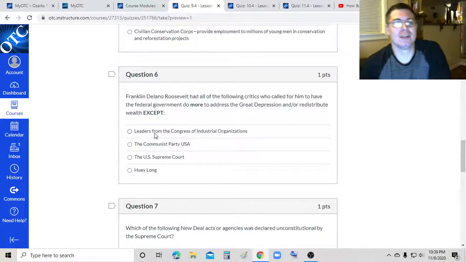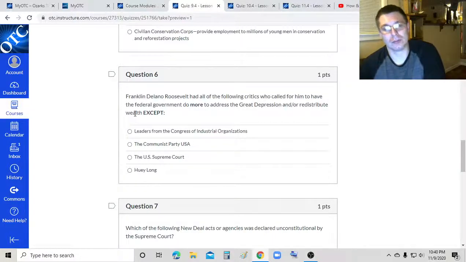Question 6. Franklin Delano Roosevelt had all of the following critics who called for him to have the federal government do more to address the Great Depression and or redistribute wealth, except, so which of these would have not wanted Roosevelt to do more? So you had the CIO, they did want him to do more.